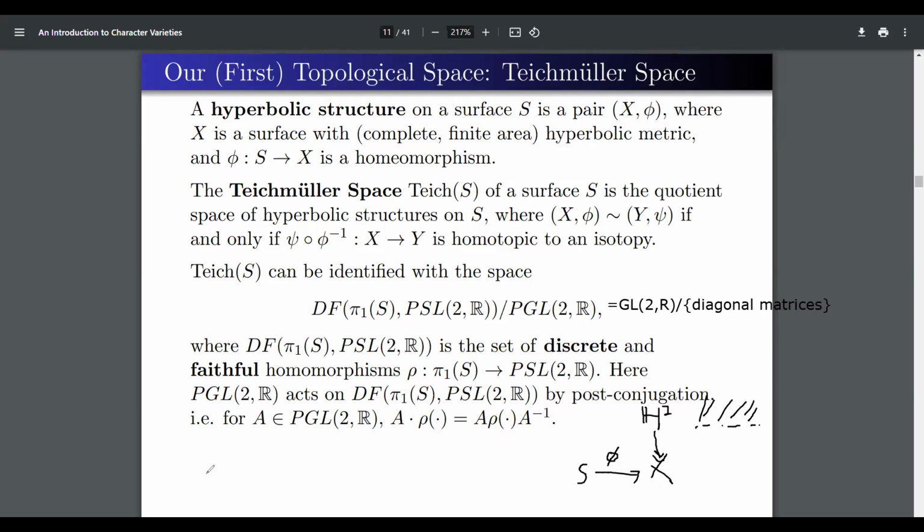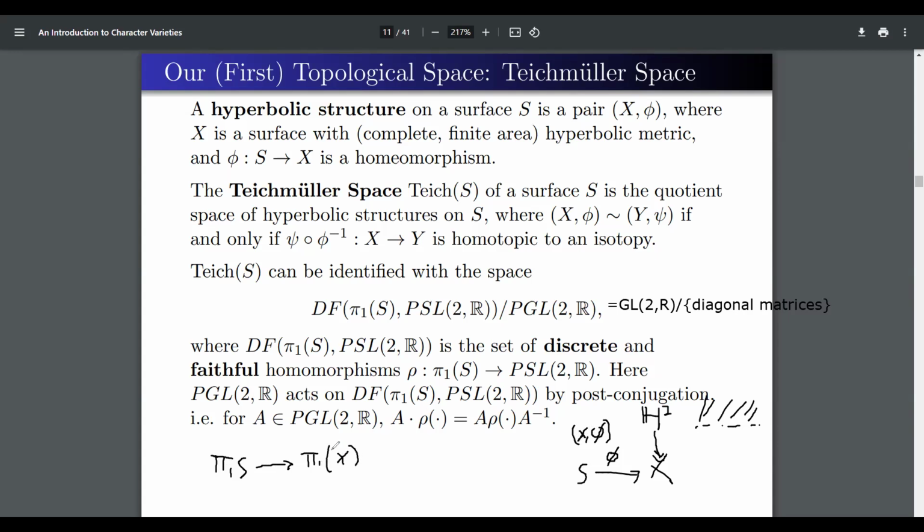And this is nice for a certain reason. So let's try to define our map given some hyperbolic structure here, x and phi, we can first start with pi1 of S. And first we map it over to pi1 of X, which is pretty natural.